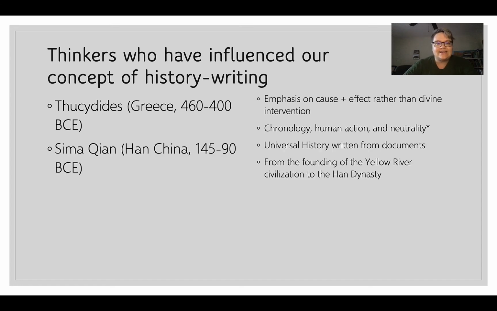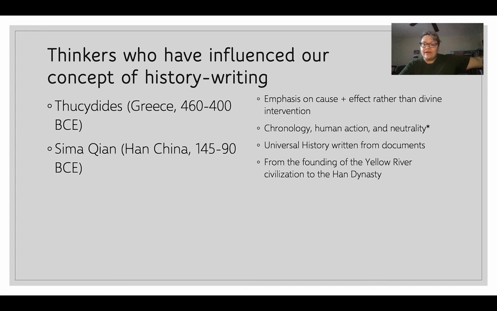So that's Thucydides. Then there's Sima Qian, who was the dynastic historian in Han China. He was the first person to try to write a universal history from documents. So trying to explain the entirety of the world and how it came to be, not just from legend, but from actual archival materials of the dynasties that came before his time.